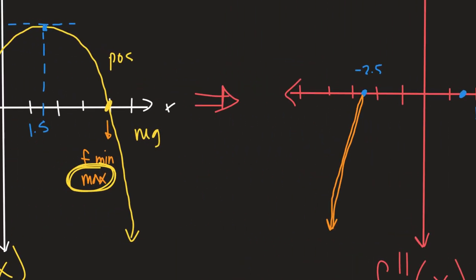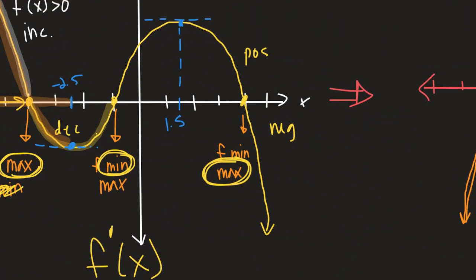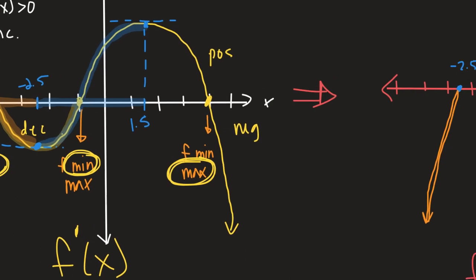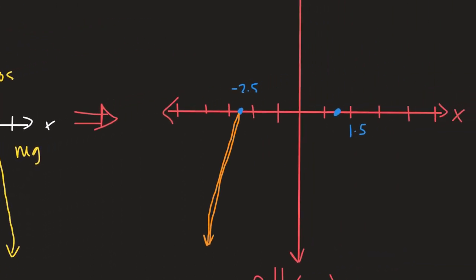Then on the interval between -2.5 and 1.5, your y values are increasing, which leads to a positive first derivative, or positive slopes. And once again, remember, I don't know what that y value is up there.